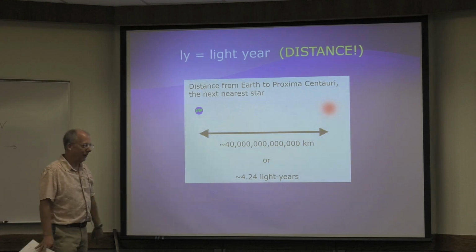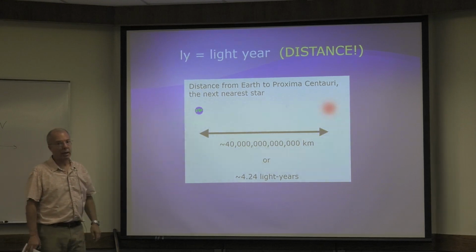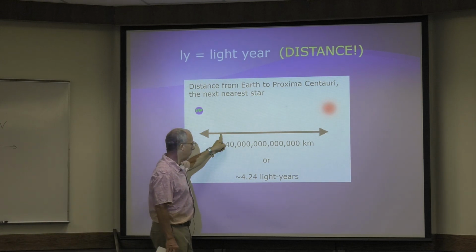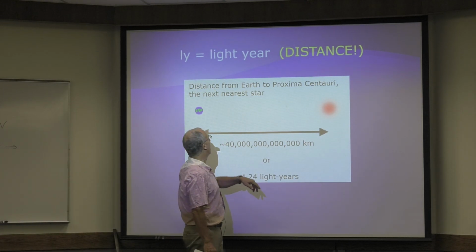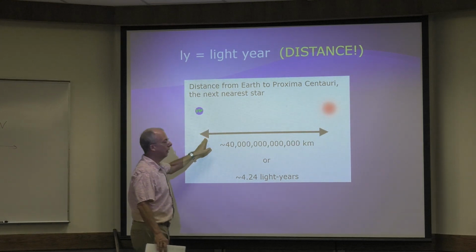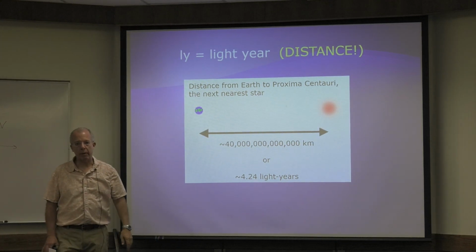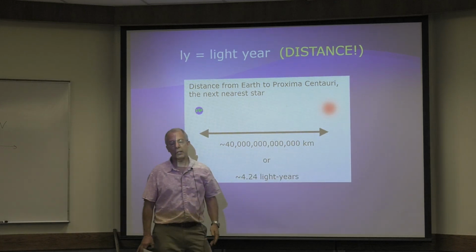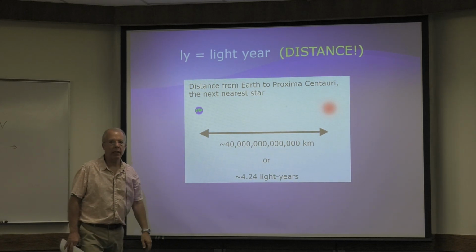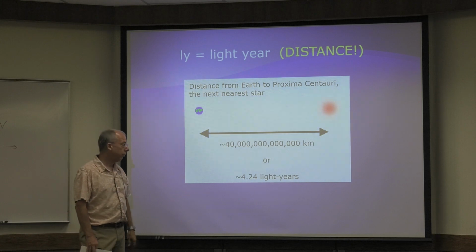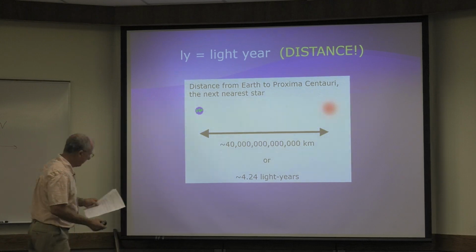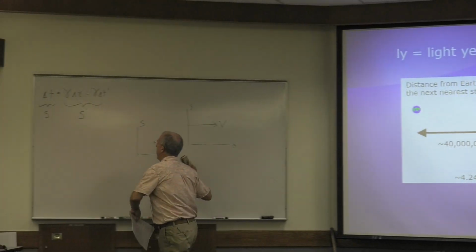That's what you need to know. By the way, this is kind of an interesting question. That means it takes light 4.24 years to travel from the star to the Earth. And so, as we were talking about the other day, when you see this star, what are you actually seeing? You're actually seeing what the star looked like 4.24 years ago. All right, so let's see how this is going to be helpful.